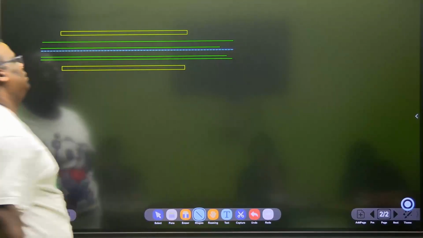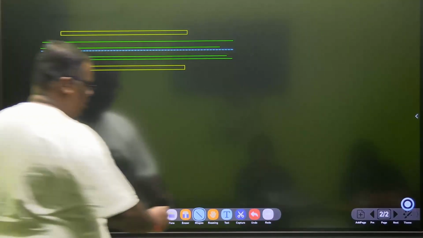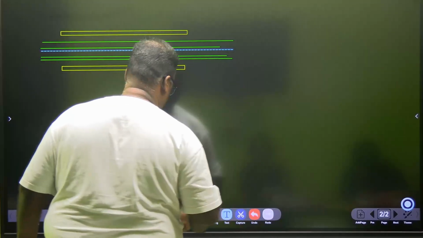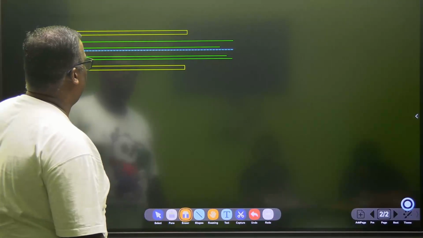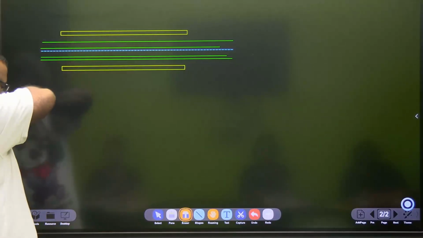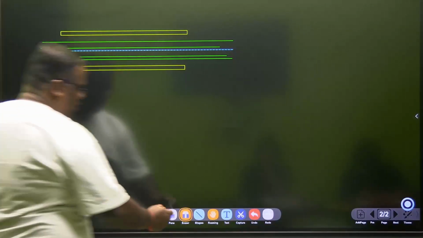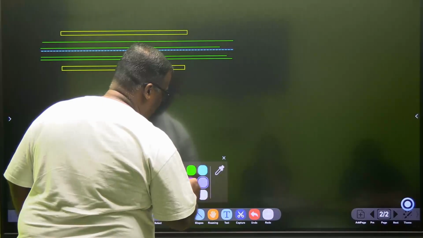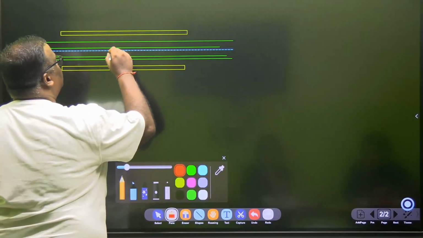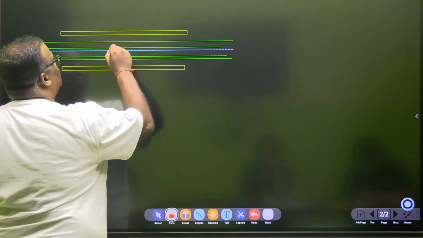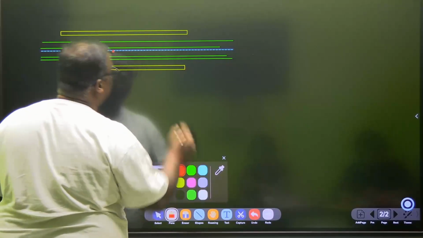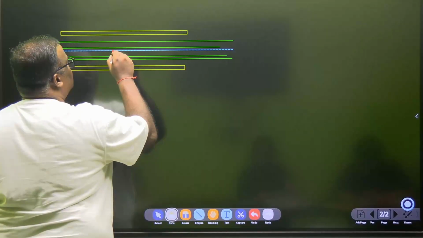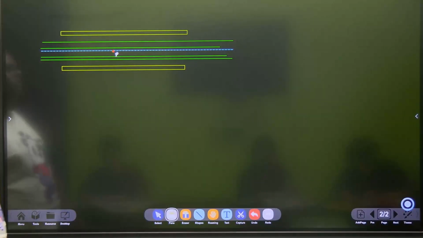These are the magnetic field lines. And you want to find out the magnetic field intensity at a point on the axis. Let P be our point, and we want to find out the magnetic field intensity at this point.